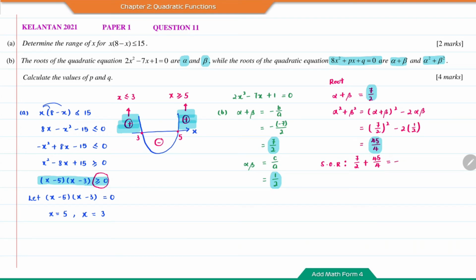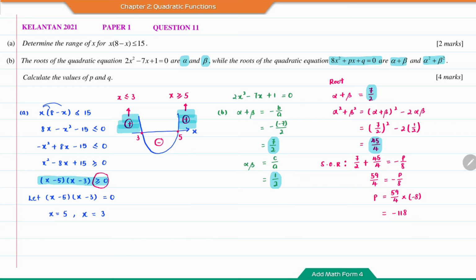Here the b is the p, and the a is 8. So 7 over 2 plus 45 over 4 will give you the answer of 59 over 4. So p is equal to 59 over 4 multiplied by negative 8. Therefore, p is equal to negative 118.